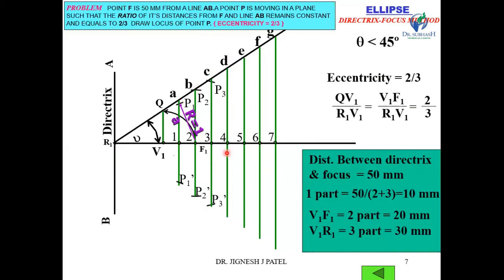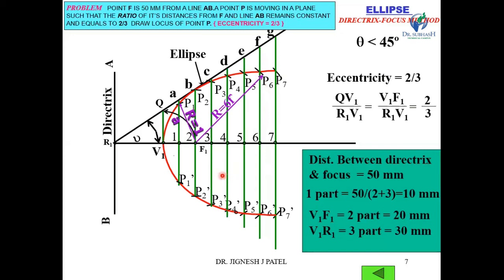Then radius 4D, center F1, you will get points P4, P4 dash. Similarly, mark the points P5, P5 dash, P6, P6 dash, P7 and P7 dash. Now join all these points by a smooth curve. You will get an ellipse. So this curve is known as the ellipse.